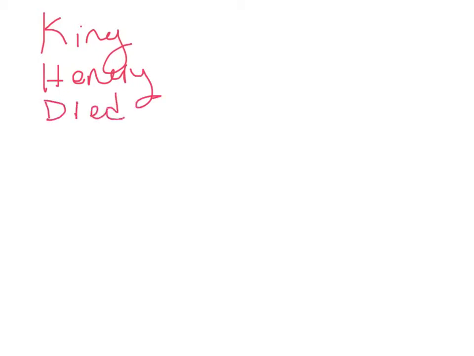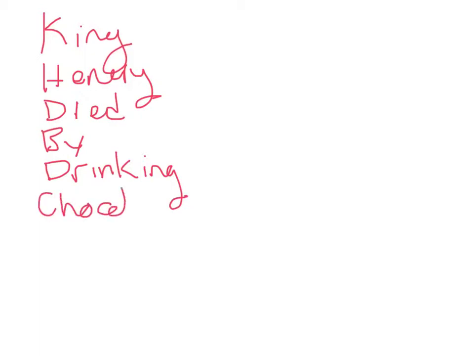So the mnemonic device that we use is King Henry died by drinking chocolate milk. And each one of these, K stands for kilo. This is a way to help you remember the order.